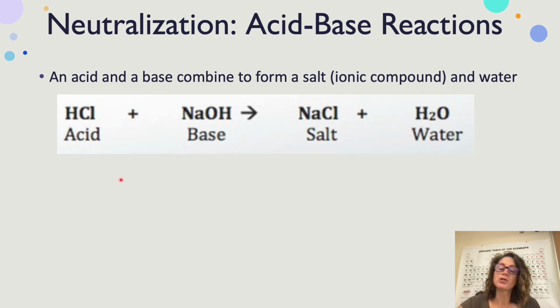Our poster child for a neutralization reaction is where hydrochloric acid, which is an acid, and sodium hydroxide, which is a base, react to produce sodium chloride, which happens to be table salt, and water. You can always remember salt water is produced.